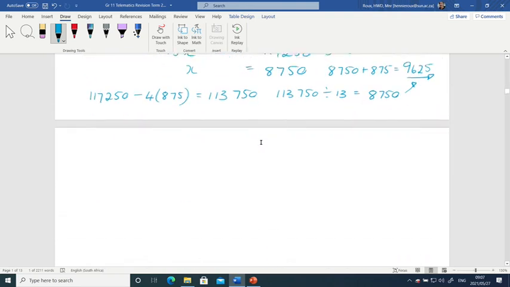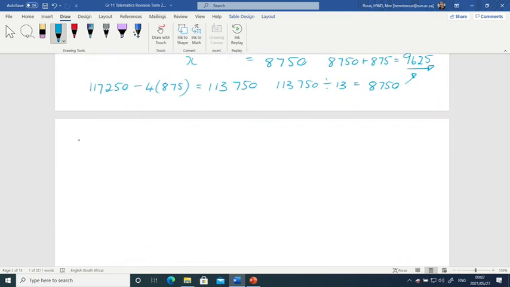So if we look at the timeline for insurance, we start on the 1st of March 2019. Then on the 1st of June 2019, we paid the annual insurance, and our year ends on the 29th of February 2020.